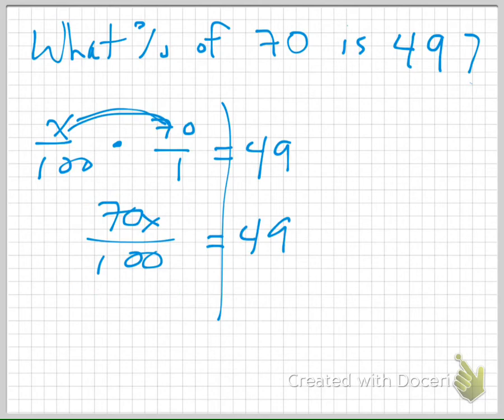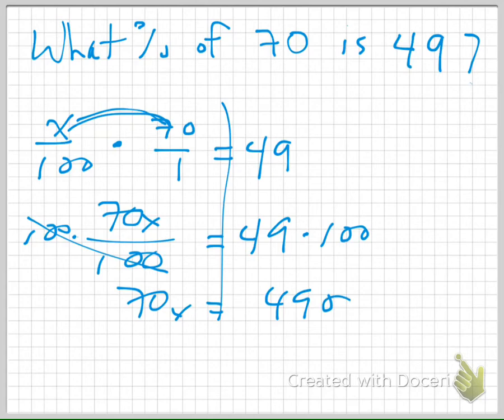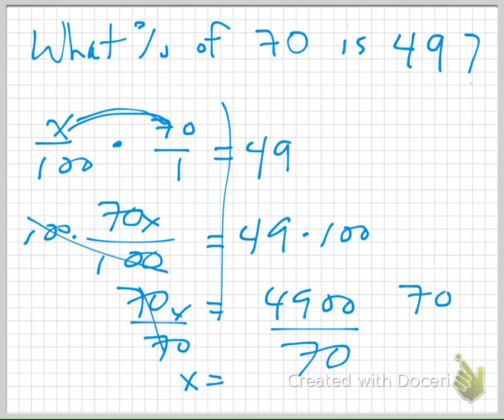The x is not happy, so I multiply both sides by 100 to get rid of the 100. 70x equals 4900. Divide by 70, and x equals 70. 70 what? Percent, right? It's asking what percent. 70% of 70 is 49.